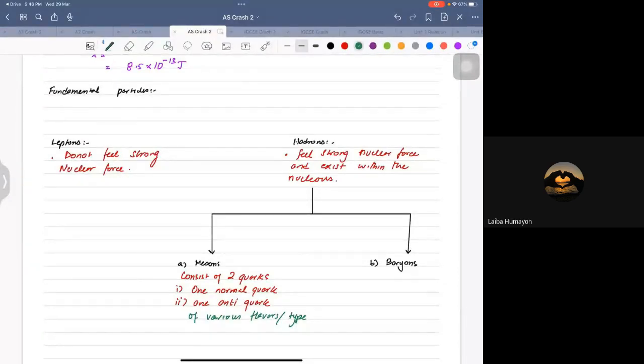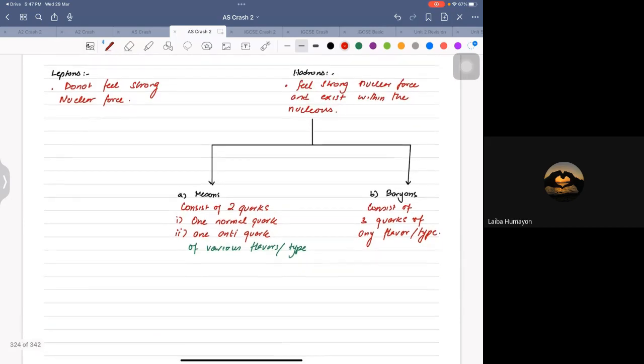Then baryons consist of three quarks of any flavor or type. Okay, flavor is just type. So when three quarks combine together, they make a baryon, and when one normal and one anti combine, that makes a meson.